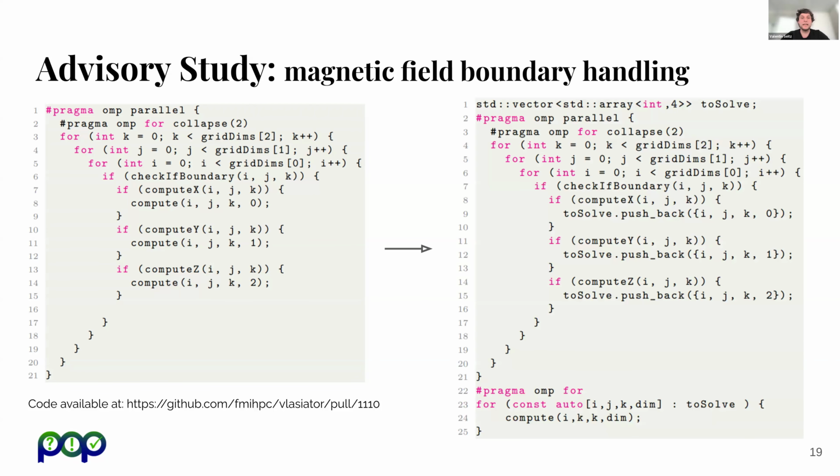So what they actually did, and the source code is available if you want to check it out. What we actually do now, and please don't copy this code, it will be horribly wrong. This is pseudocode that looks like C++. So what we do now is we basically just accumulate all the indices that we want to solve in this vector, and then compute, iterating through this vector.